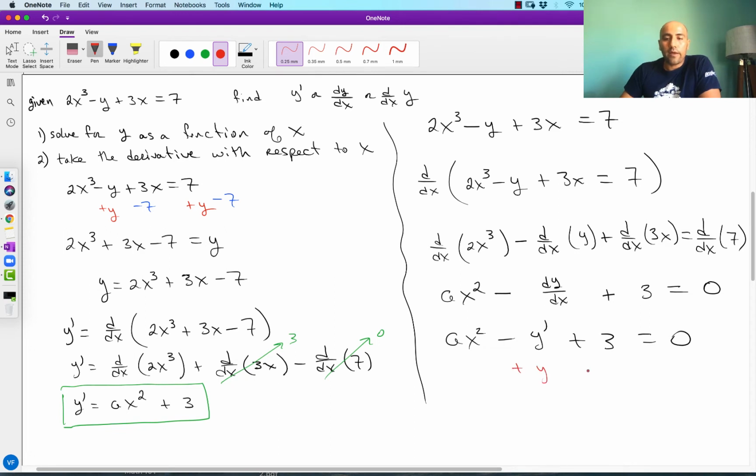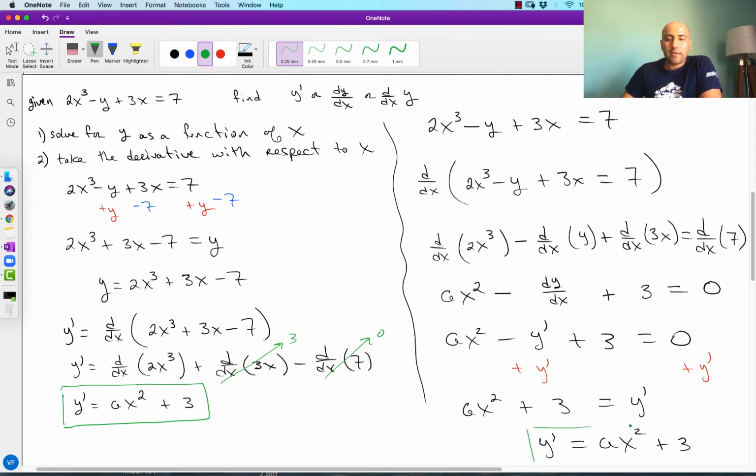So plus y prime, plus y prime. And we end up with 6x squared plus 3, right, these guys cancel, equals y prime on the other side. And then if I just flip it around, I get exactly the same answer as before. y prime equals 6x squared plus 3.